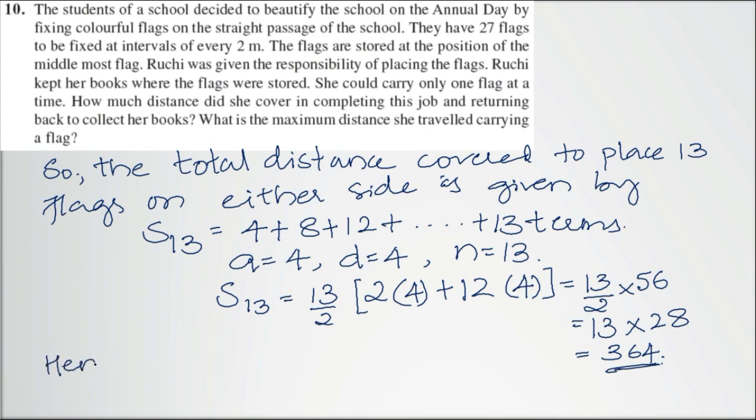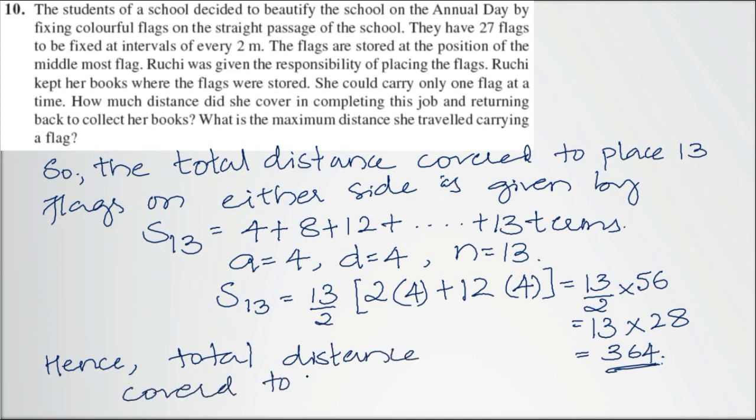Hence, total distance covered to place all 27 flags will be 2 times of 364, which will become 728.